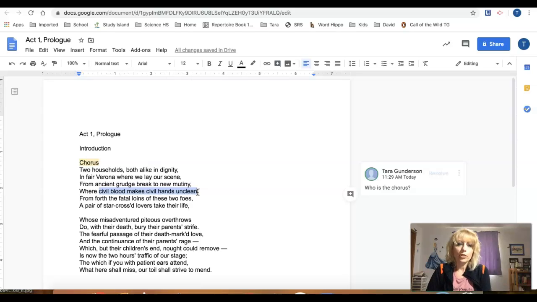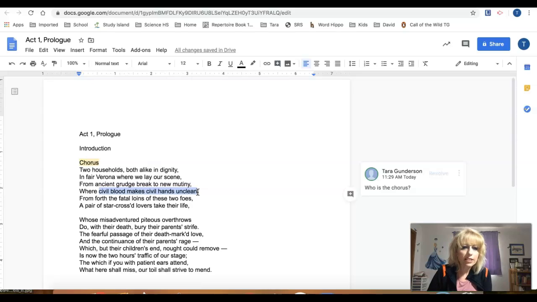So, whose misadventured, piteous overthrows do with their death bury their parents' strife. Okay, so through their death, their parents who had this argument, it's like a family feud, the parents are going to bury their strife, bury their argument, that tension between families.